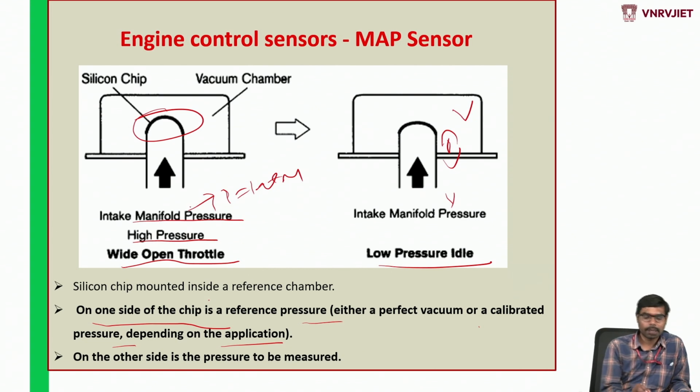Why is the voltage very high? Because the silicon chip flexes heavily. When it flexes, the voltage generation is very high. Why are we converting this expansion into voltage? Because the ECU will understand the information only in terms of a voltage signal, not any other form. Okay, so that's a basic thing.